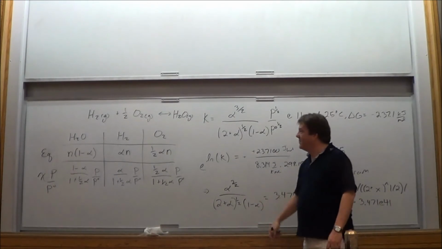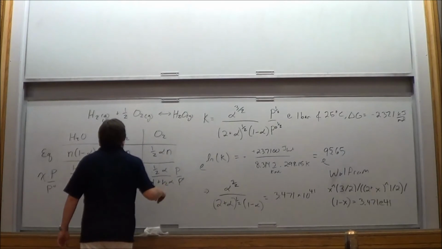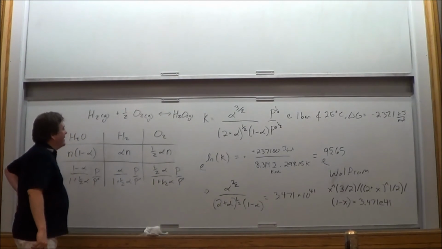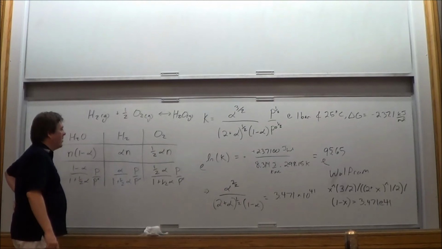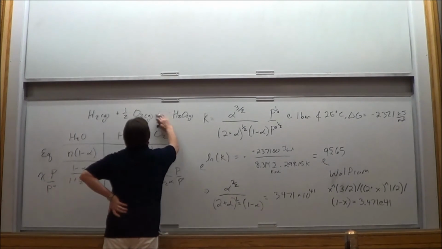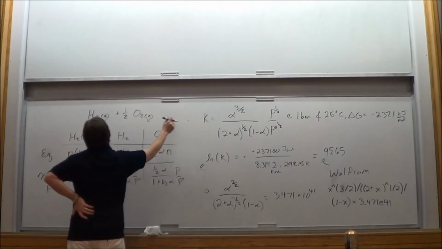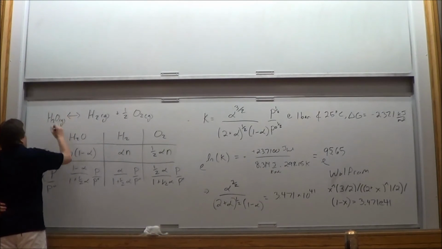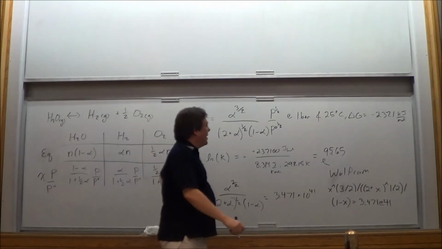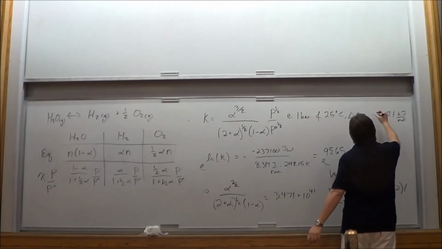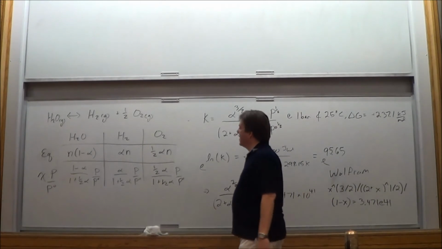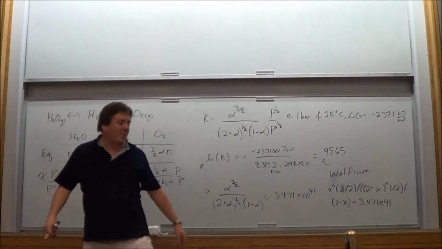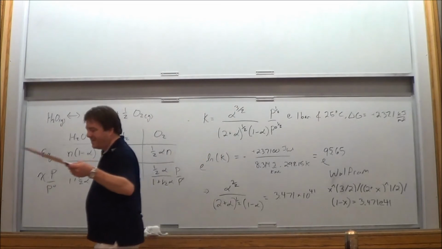That's in reverse, my bad. It does matter whether we've got products or reactants. But then hold on, I did something wrong. You know what I did wrong? I set this up correctly, but I used the wrong delta G. I should have used positive. That's what I did wrong. Sorry about that. Tell you what, I'll fix my notes and send them to you.